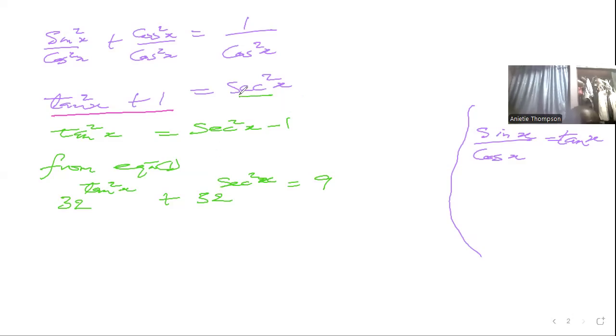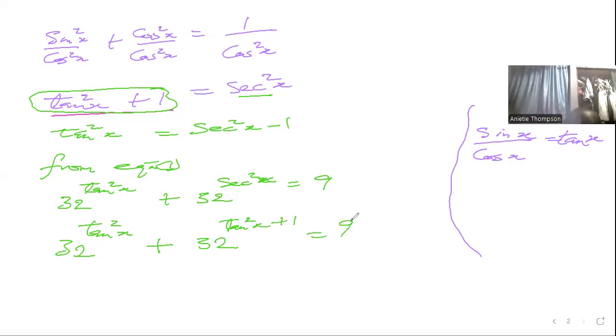I can replace sec square x with tan square x plus 1. So I'm going to write 32 to the power tan square x plus 32 to the power of tan square x plus 1 equals 9.